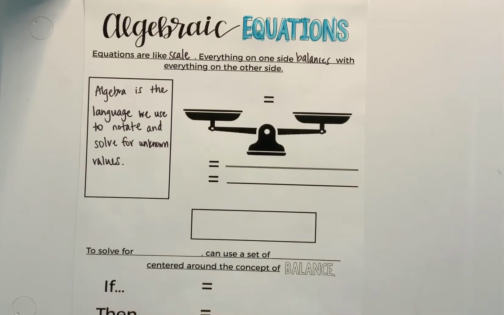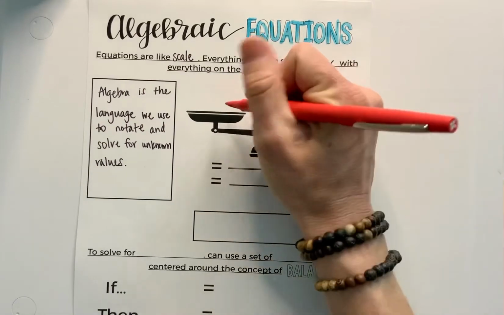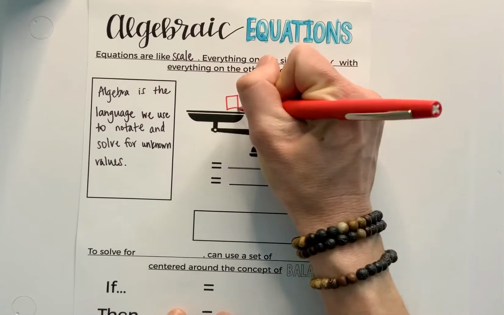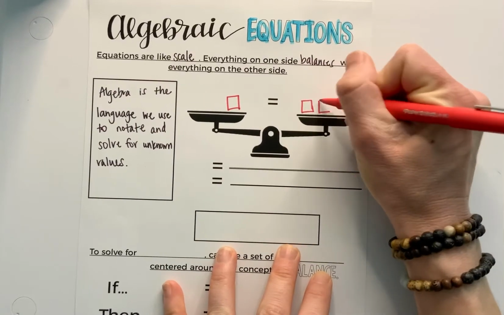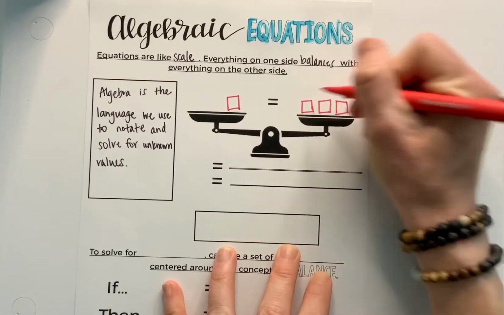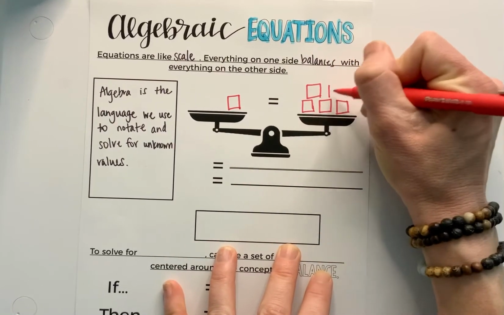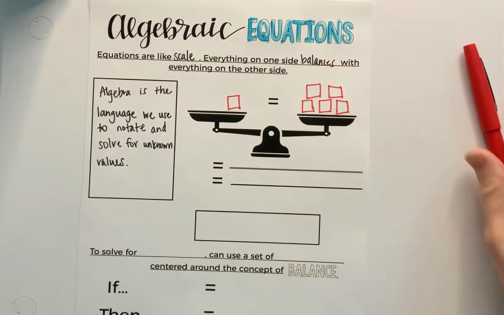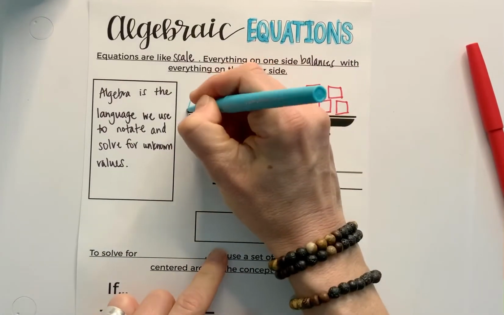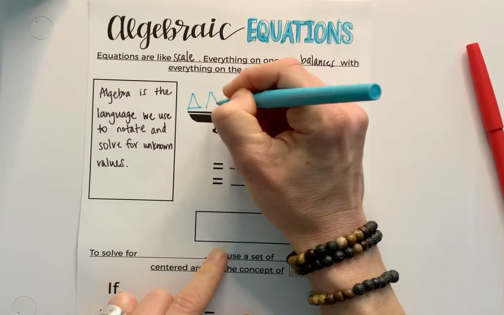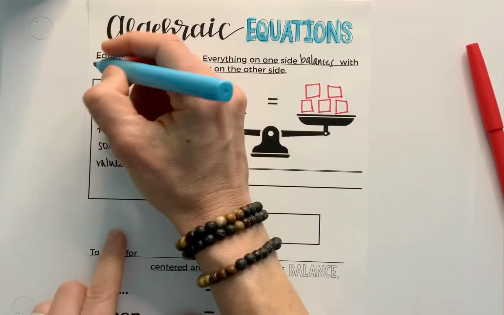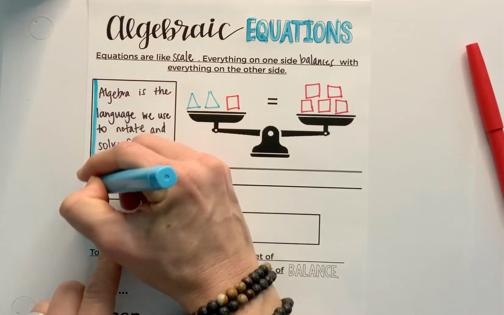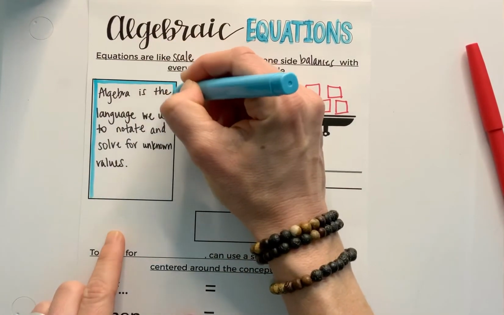So imagine, if you will, we have some objects on our scale. What if we were to have a red square here, and 5 red little squares over here? And then we also had over here some triangles, just 2 little blue triangles. I'll go ahead and highlight this here so that our definition of algebra stands out a bit.